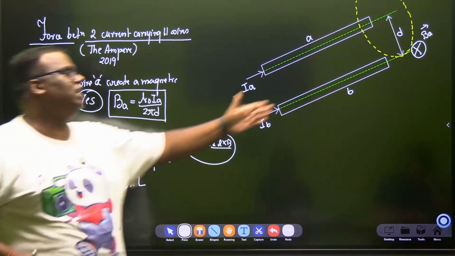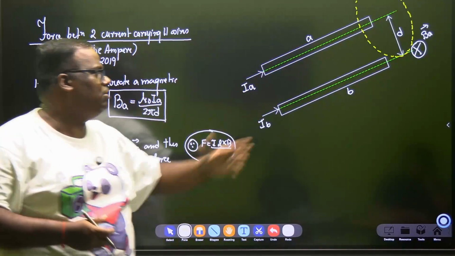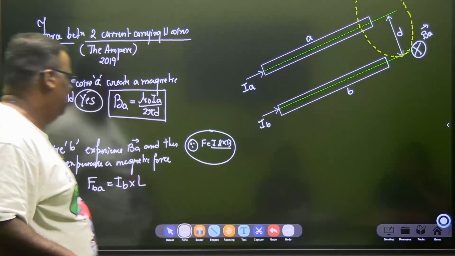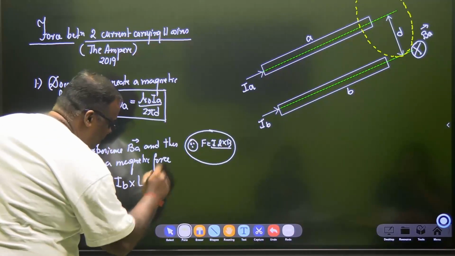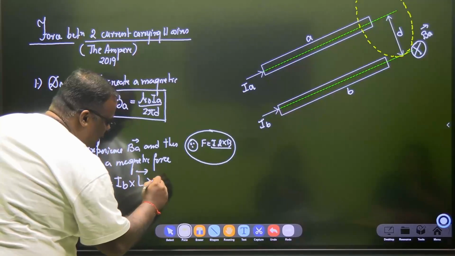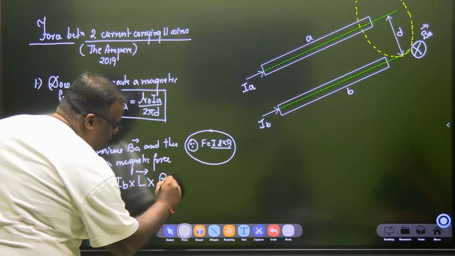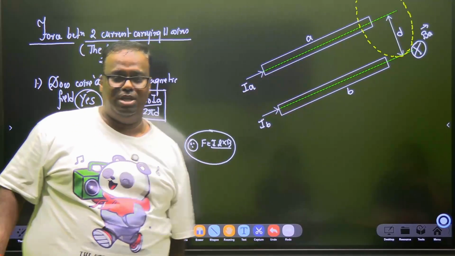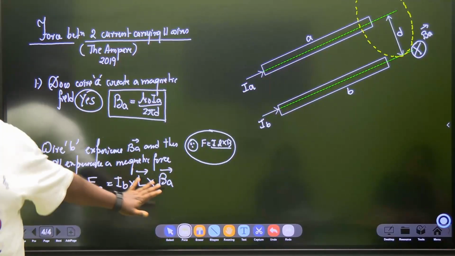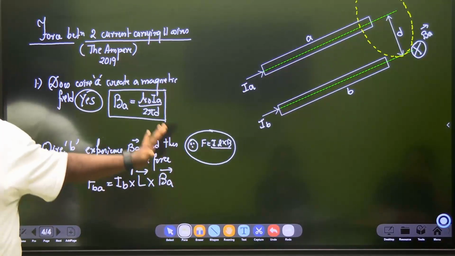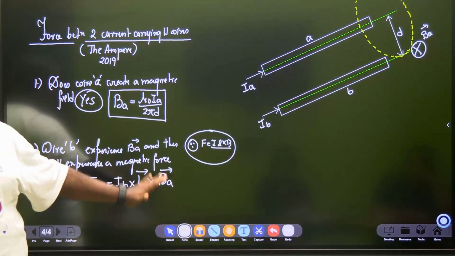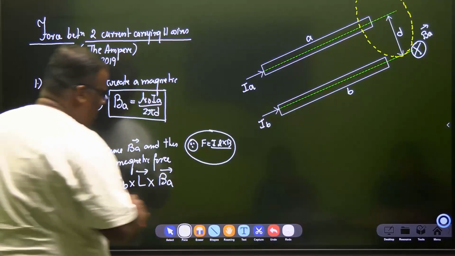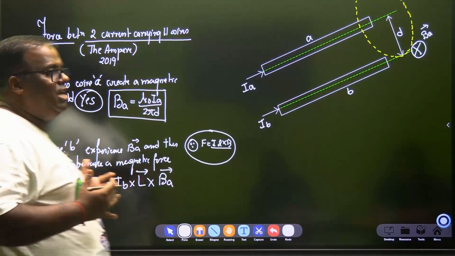This is an infinitely long parallel wire and I am assuming a small length L. End of the day, this L will go away. Multiplied by L vector crossed with the BA vector, because the magnetic field is BA. If you have understood this, you have understood Ampere's law, you will be able to find out the Ampere definition. Is this thing clear now? Okay, very good. That means B experiences a force.